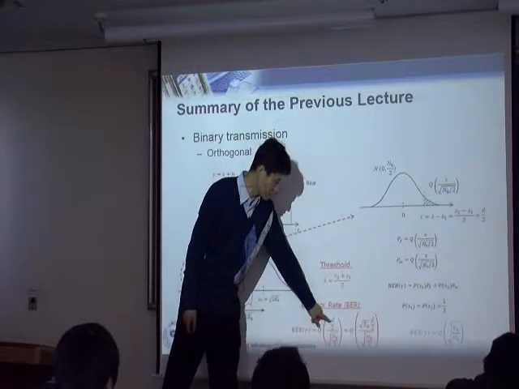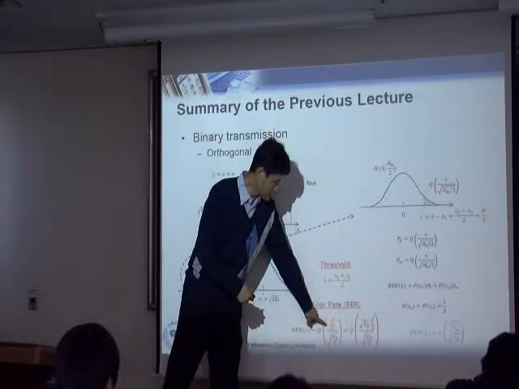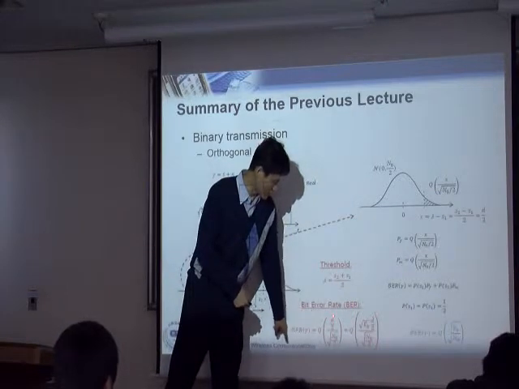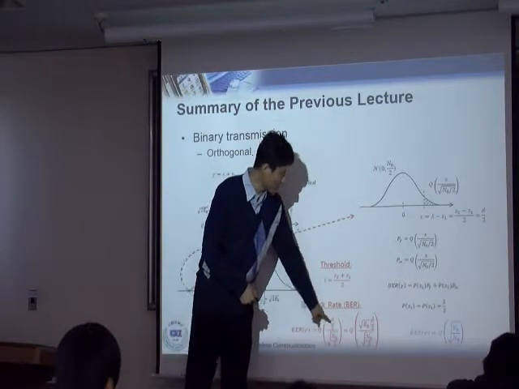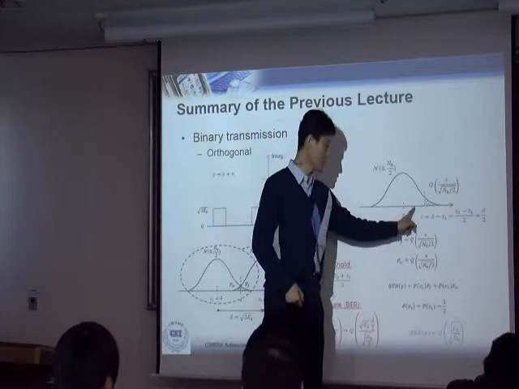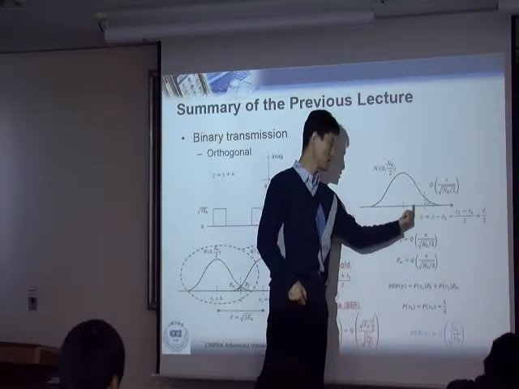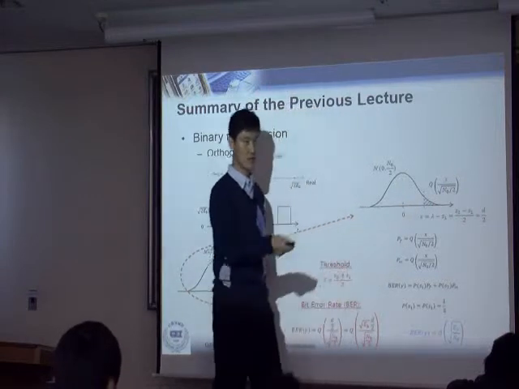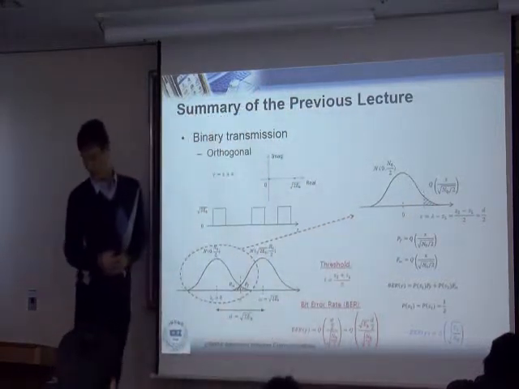This is a function of distance. This d is in the numerator. So when you have a small d, that means you have a small value in here. A small value basically means that this one goes this way. That means you have a larger area, meaning large errors.